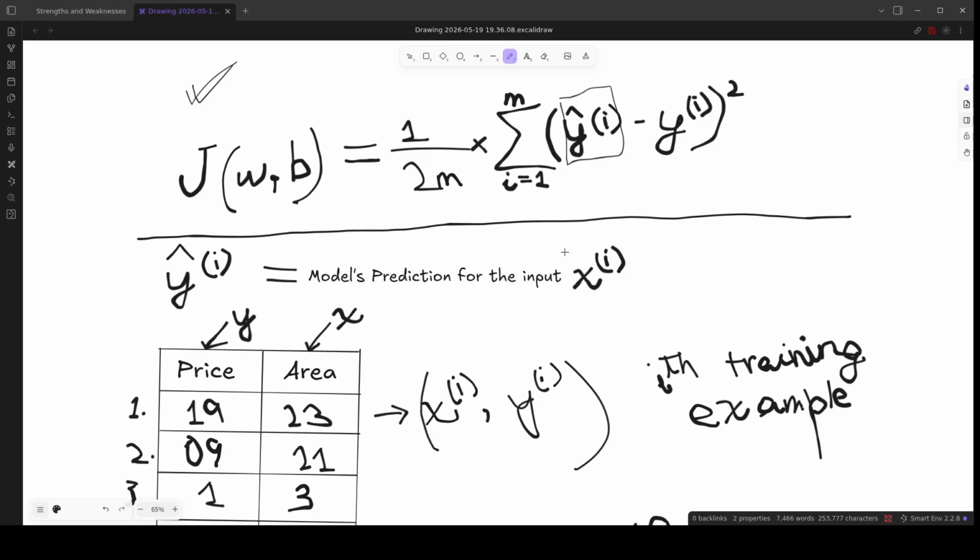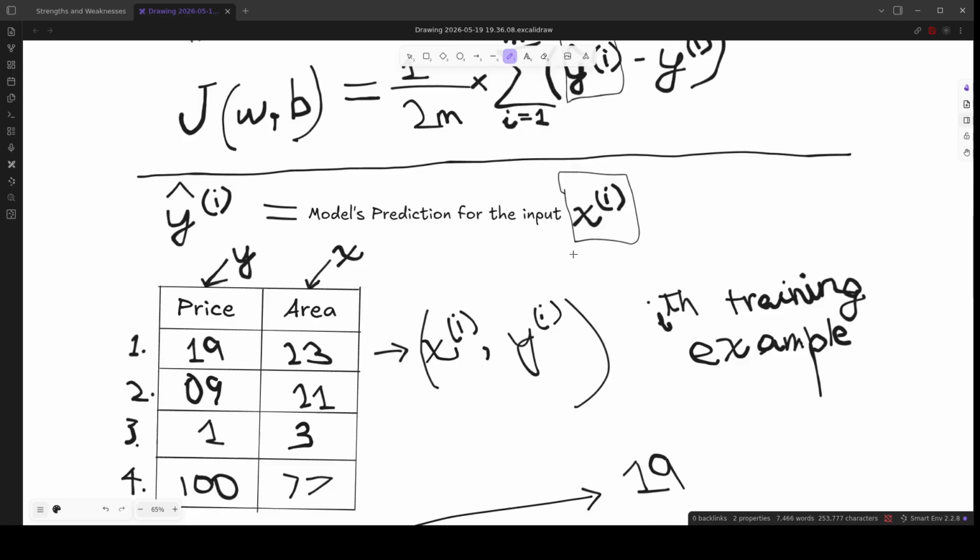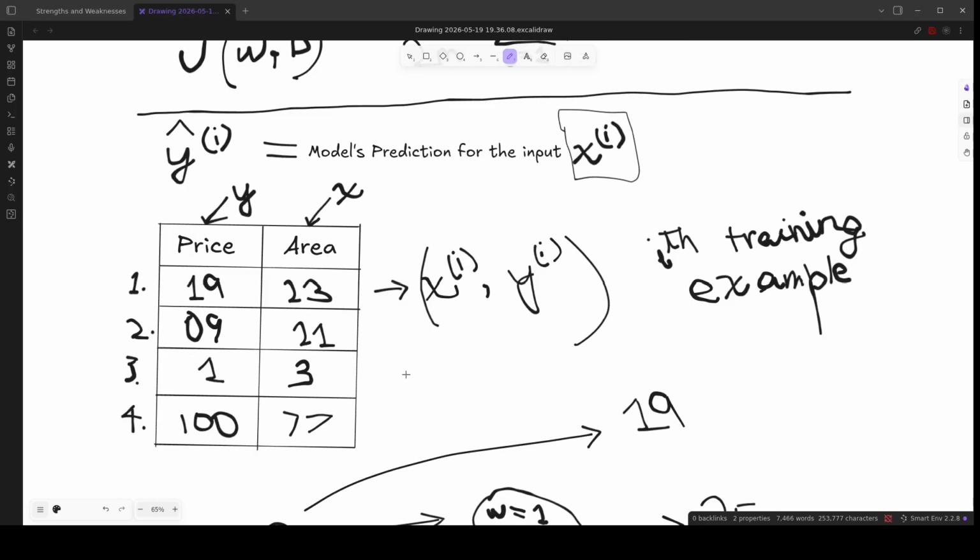This basically means if we have some data, for example this data right here, area and price, if we give the model the area as input and the model outputs the price, then the input will be called x while the output will be called y. So this right here is x1, y1.